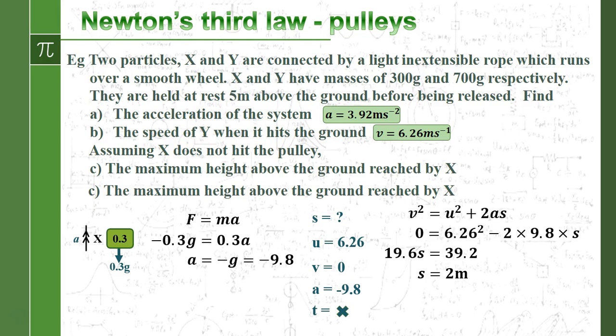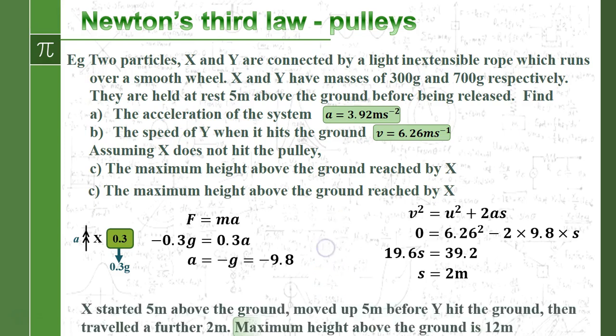They're held at rest 5 meters above the ground before being released, so X is currently 5 meters above the ground. Y hits the ground, travelling 5 meters, so X has travelled 5 meters upwards, so in total it's now 10 meters above the ground, and then finally we've got that extra 2 meters of travel, so the total height above the ground is going to be 12 meters.